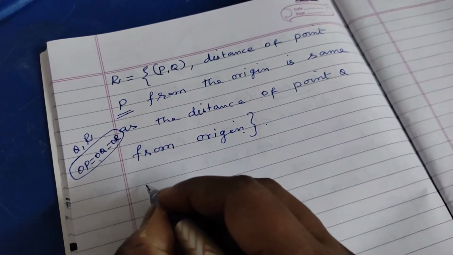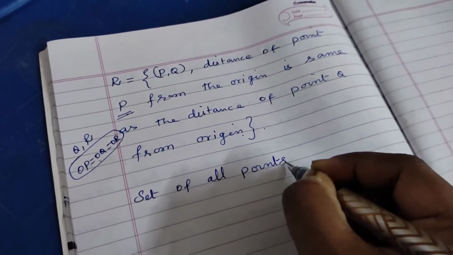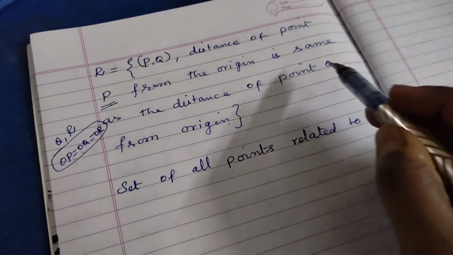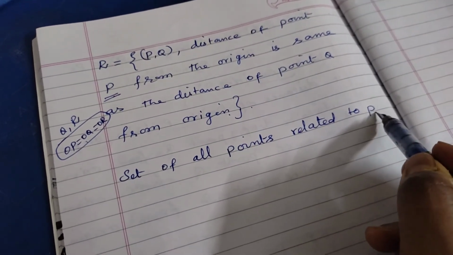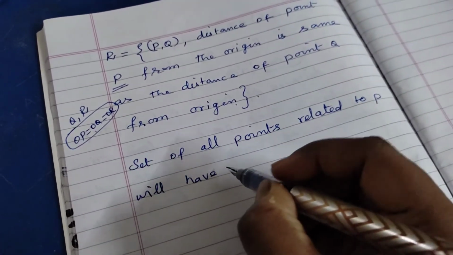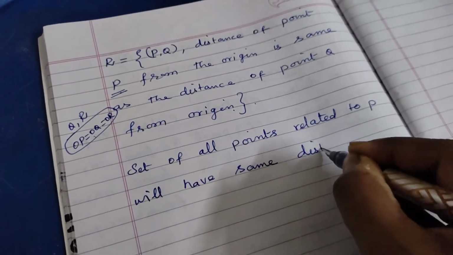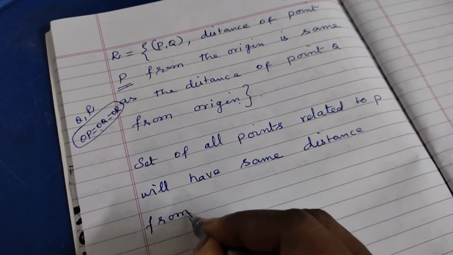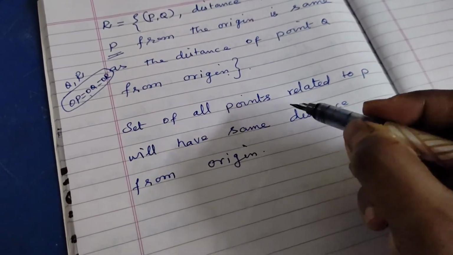That means here we can write the set of all points related to P. From the relation condition, the set of all points related to a point P will obviously have the same distance from the origin, because the condition is given like this.